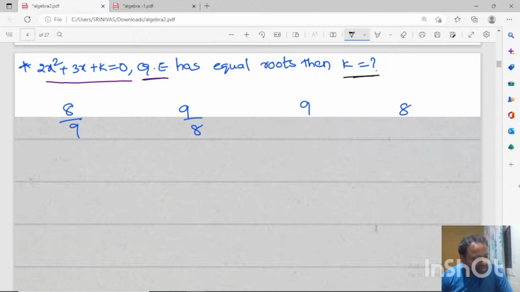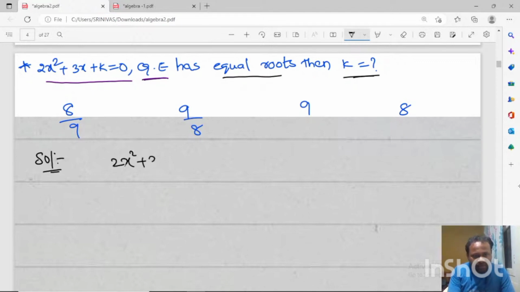Yes, Bhagya says 9 divided by 8. No, she changed her decision. So let me check. Suma as well as Bhagya said 9 divided by 8. So I will try. It has real and equal roots.